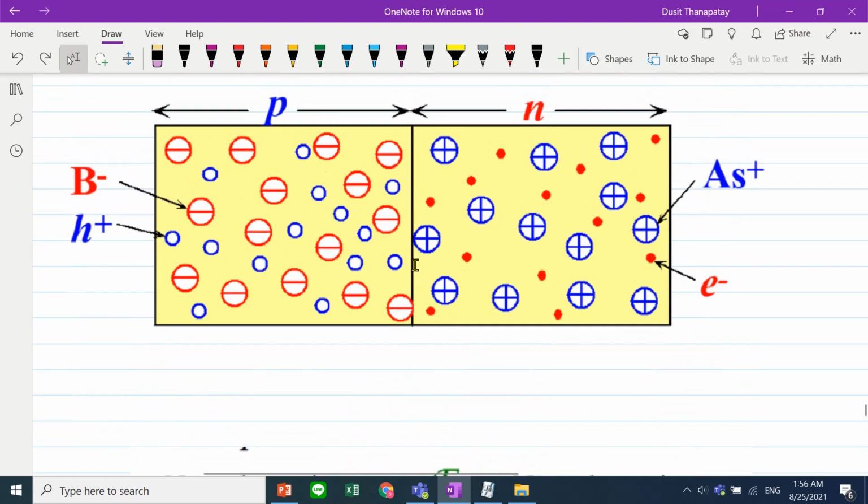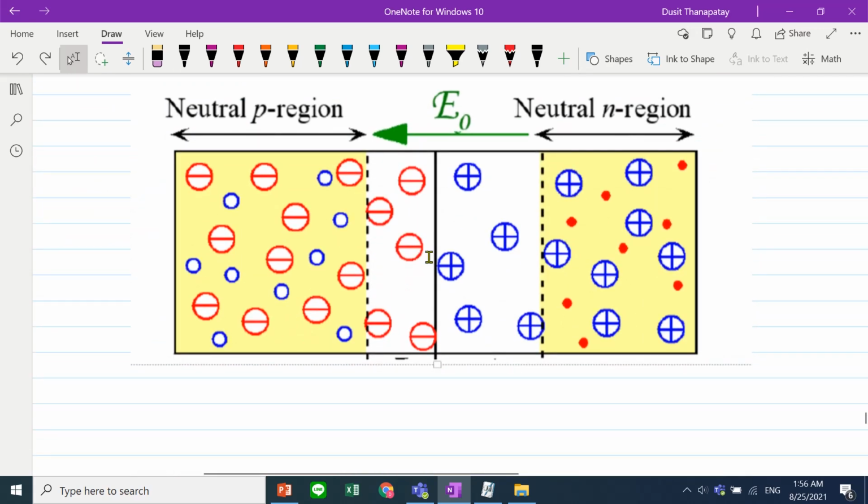It is the depletion region, or space charge layer, and this area is the neutral N region and the neutral P region.